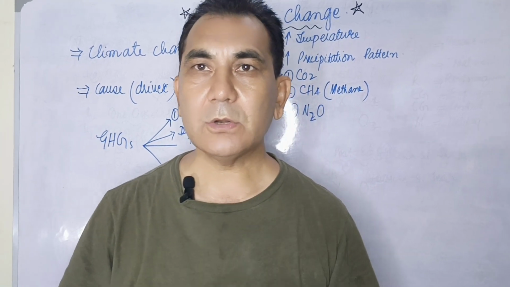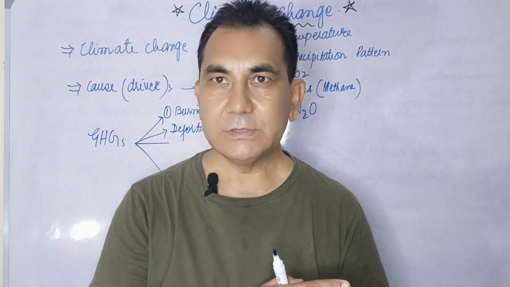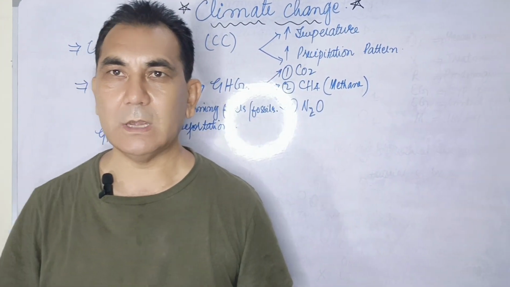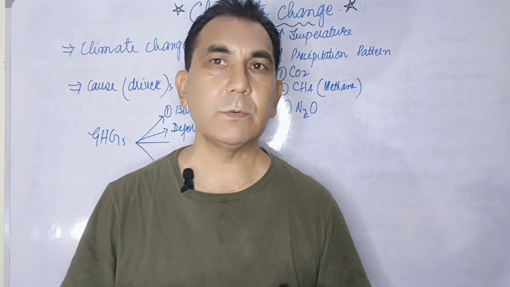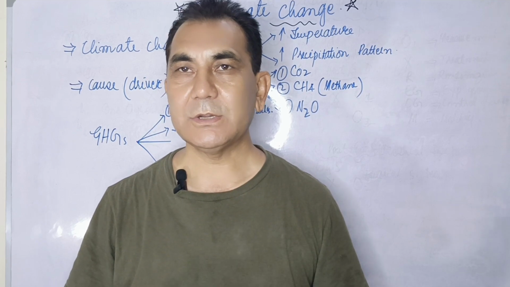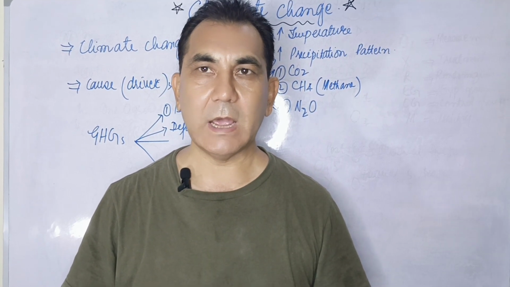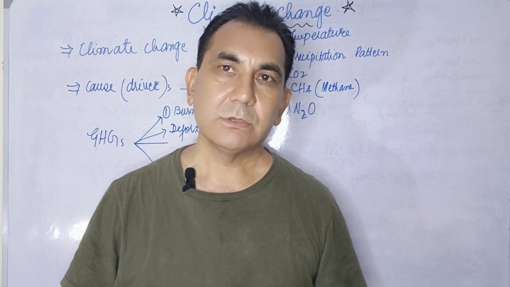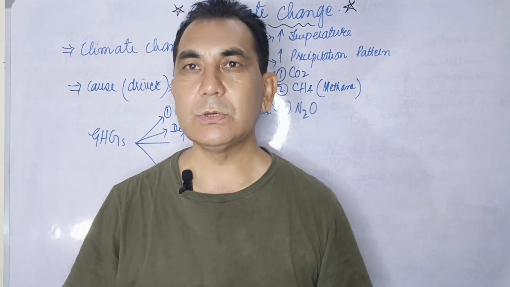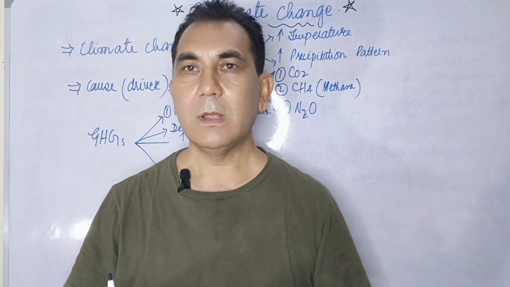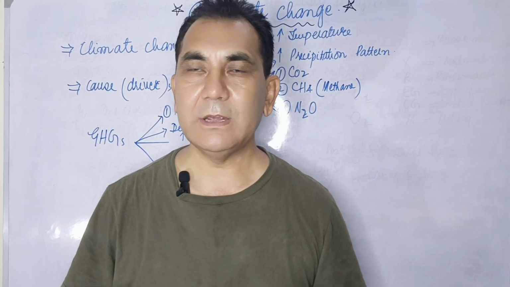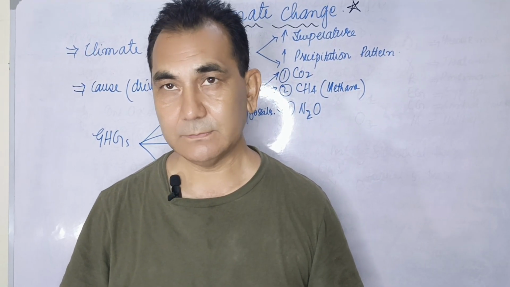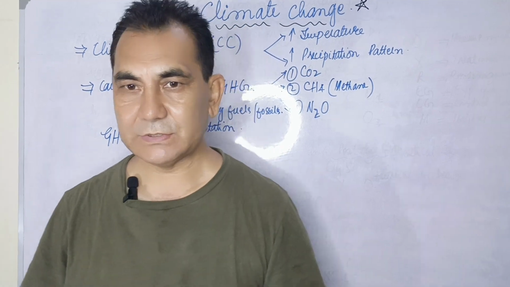When you cut down or eradicate the whole forest from the earth's surface, what happens? The carbon dioxide produced by human activities cannot be consumed by the trees, so ultimately the level of carbon dioxide in the atmosphere increases due to deforestation.